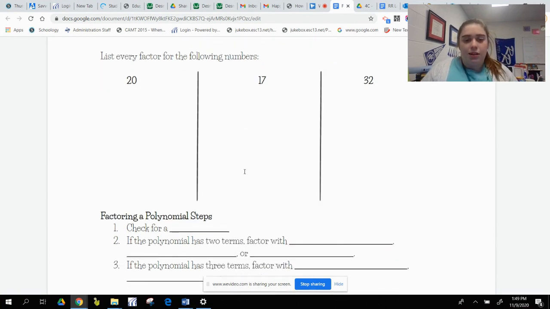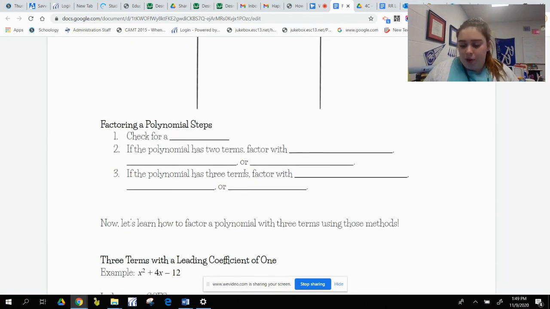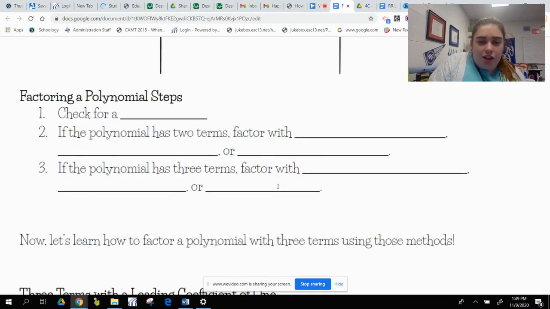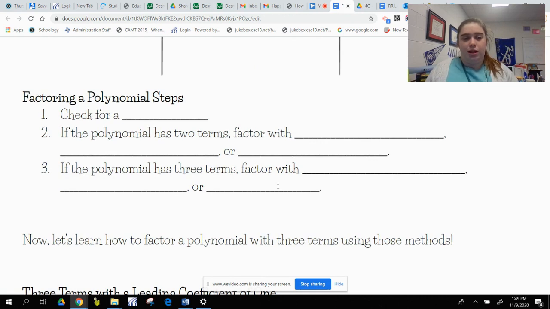Next, you see we have this little fill in the blank section. What we're going to do here is start our checklist for the steps of solving a polynomial. I told y'all that we're going to go over a bunch of different methods, and which method you use depends on how many terms the polynomial has, right?